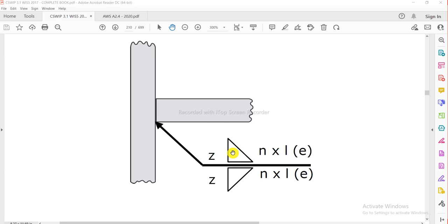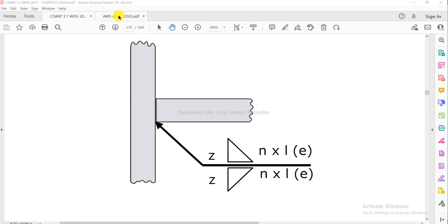We all know that for symbolic representations, two principal standards are normally used for welding symbols. One is the European standard and the other is the American standard. The European standard is EN 22553 and the American standard is AWS A2.4.